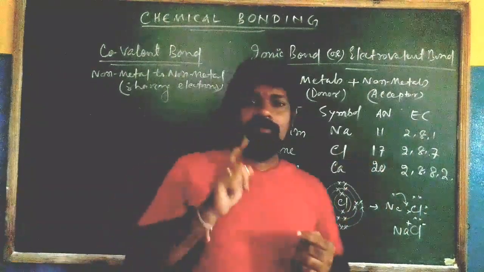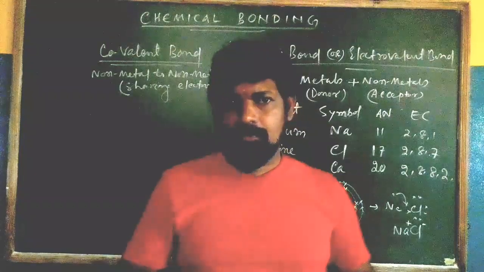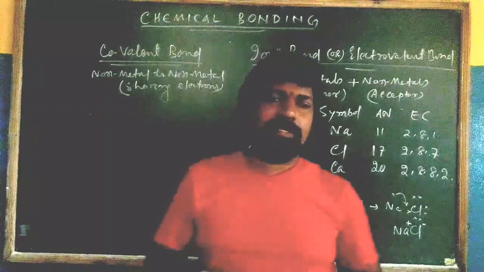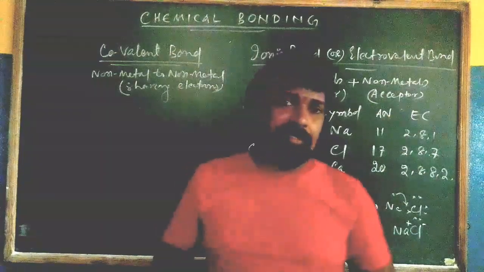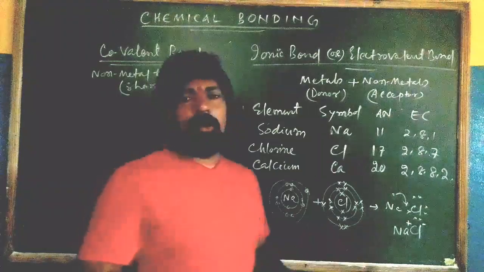So elements having 4, 5, 6 or 7 electrons in their outermost orbit have the tendency to attract electrons. That's why they come under the category of non-metals. So this is the ionic bond that forms between metal and non-metal.